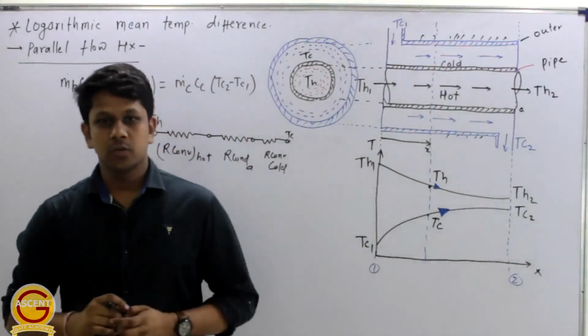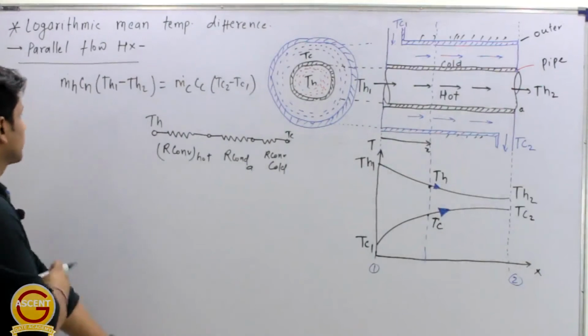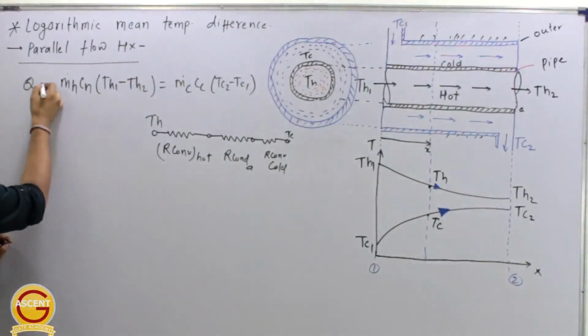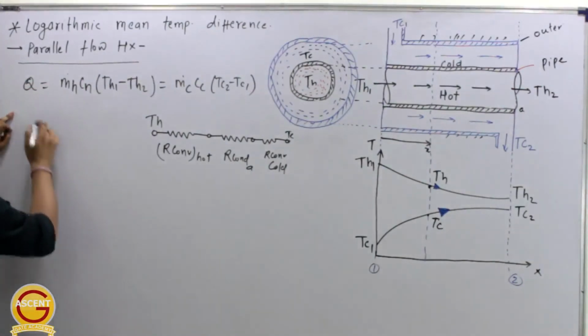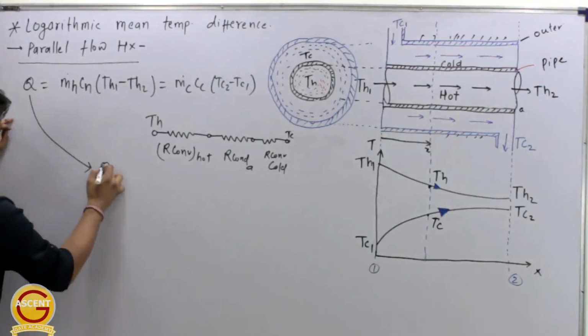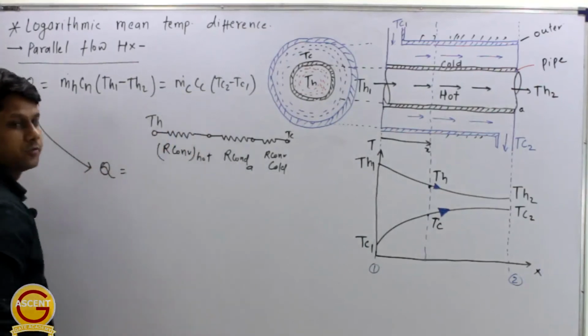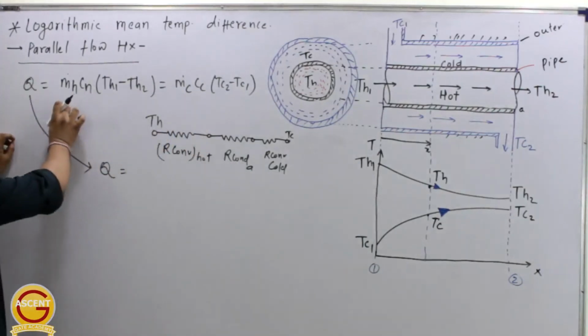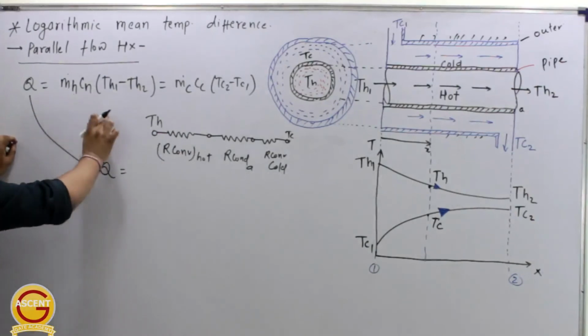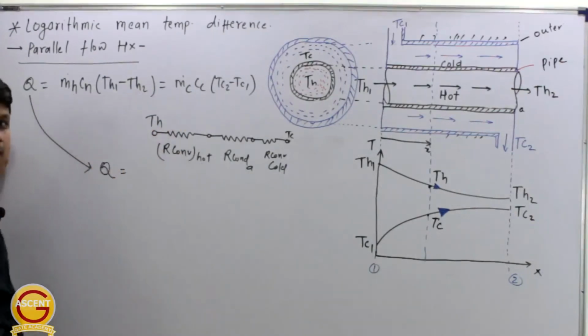Now if you want to write down the heat transfer, this is our Q, and the same Q I am trying to write from the heat transfer point of view, because first I have written it from the thermodynamics point of view, which is just the heat balance. Now I am writing the third equation.